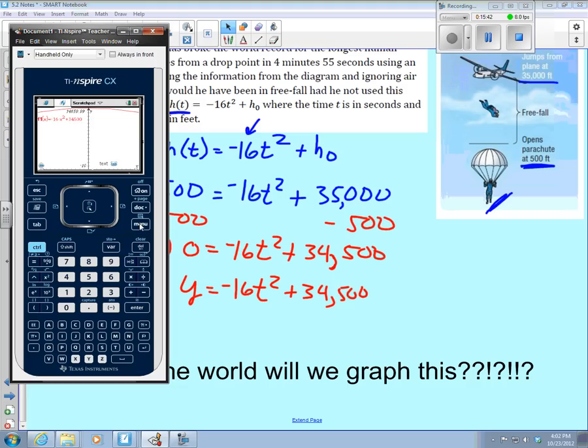Let's go to window again. And we don't care about the negative because we don't care about negative time, we care about positive time. So my X max, I'm going to guess time, let's go 100.